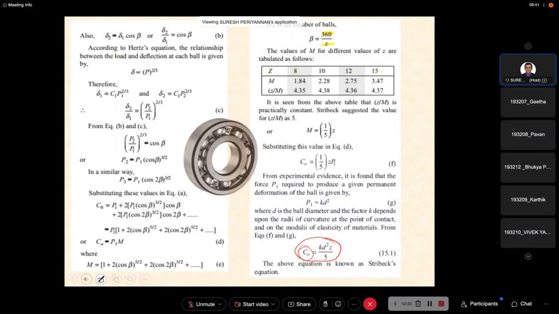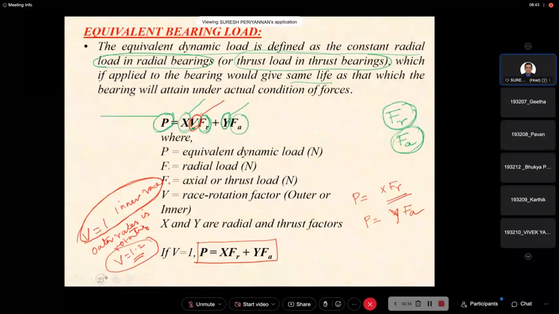Later we discussed equivalent dynamic load P, which is equal to X into V into Fr plus Y into Fa. Here X is the radial load factor, Y is the axial load factor, and V is the race rotation factor.